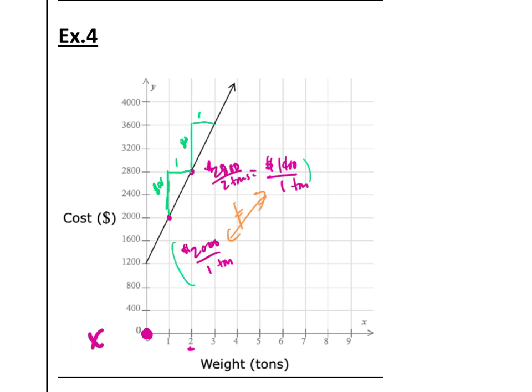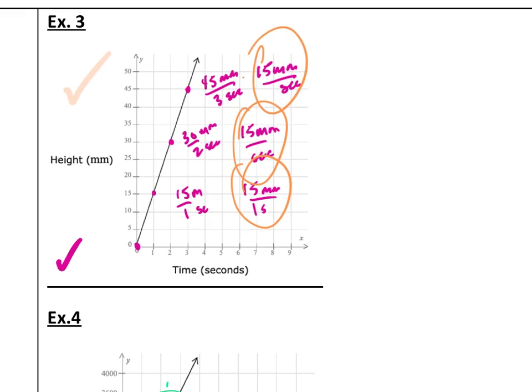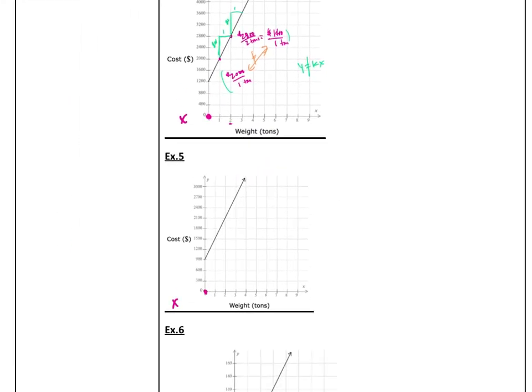So just to reiterate, it's a proportional relationship if it has the same unit rate, right? That's because then we can get a y equals kx, and we can't have that here. Here we can say y equals 15x, right? Because the 15 is the common ratio, right? The common unit rate.